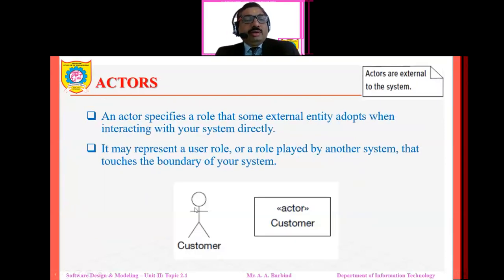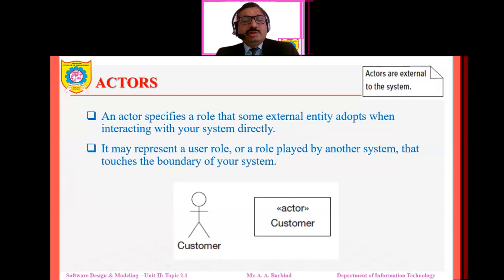Then the actors. An actor is a specific role that some external entity adopts when interacting with your system directly. It may represent a user role or a role played by another system that touches the boundary of your system.